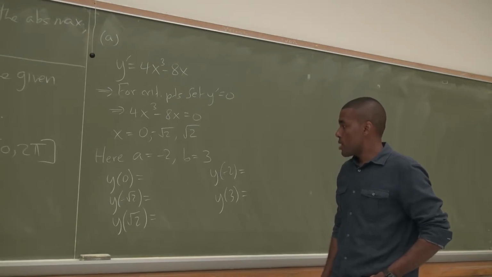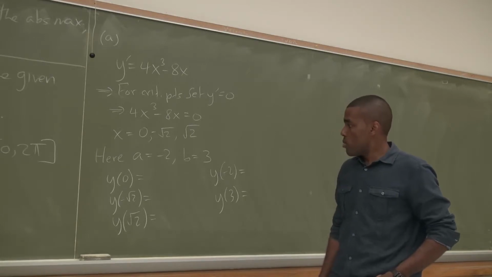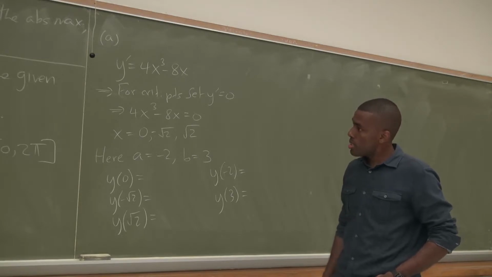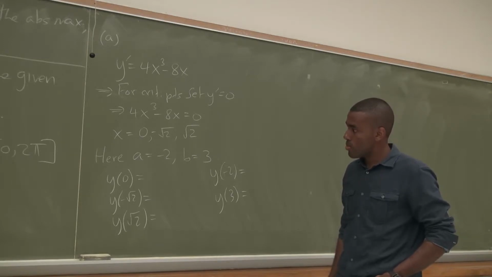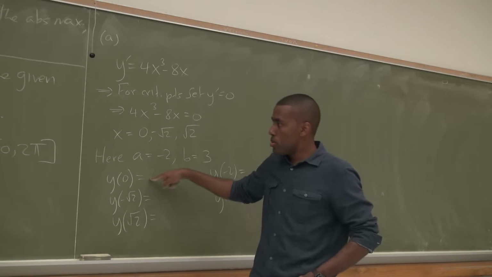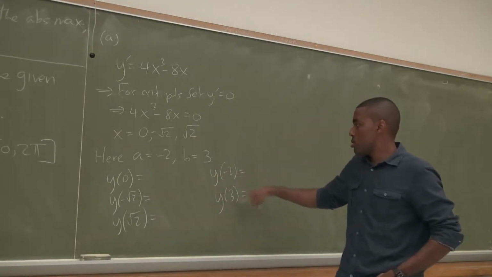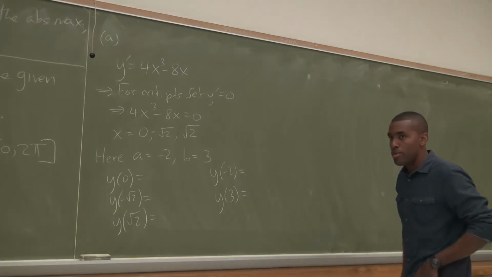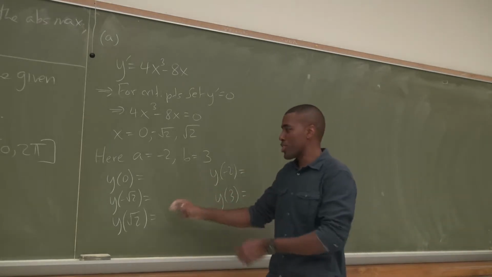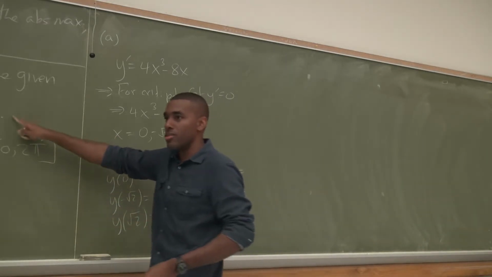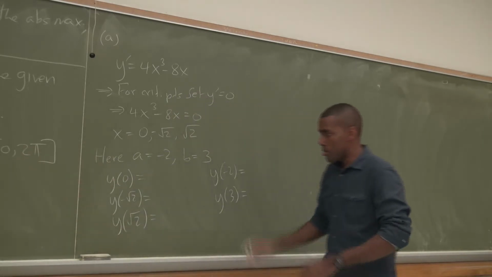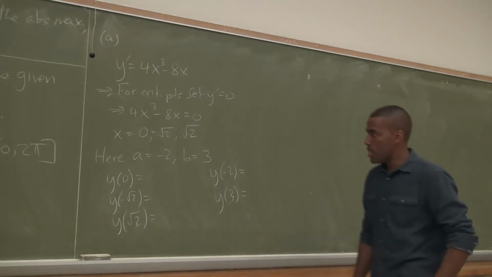Is there anyone that we would exclude in this case? No, 0 is between minus 2 and 3, so is plus or minus radical 2. So there are times when they'll try to trick you. When you solve for the critical points, you might get one that's not in the interval. You're not supposed to test it. But here, they're all in, and we can find the values.